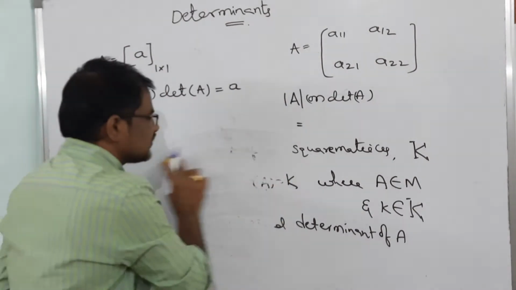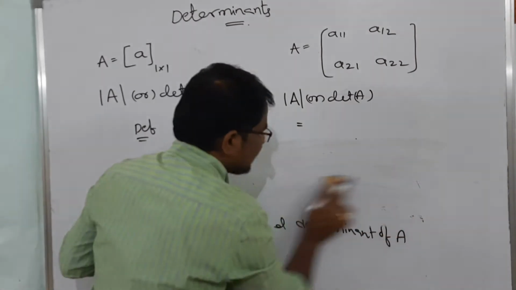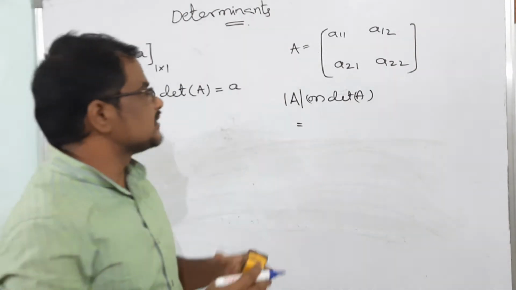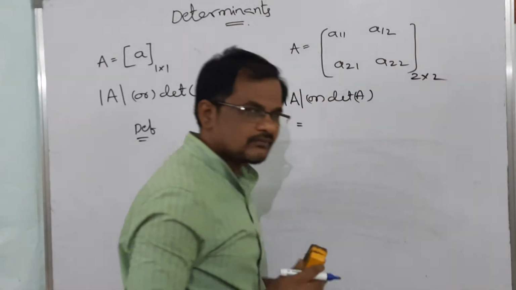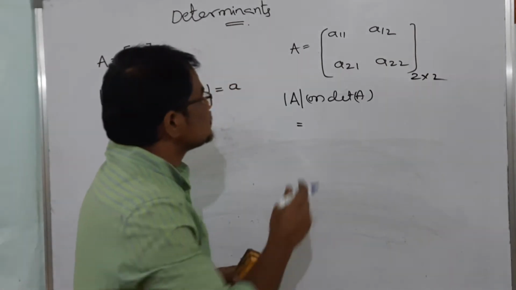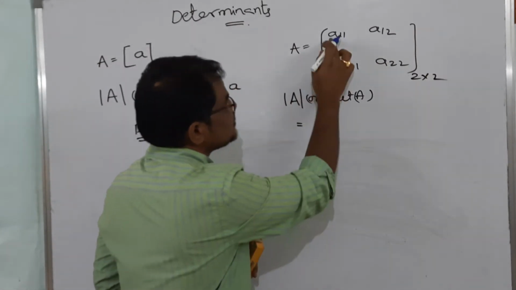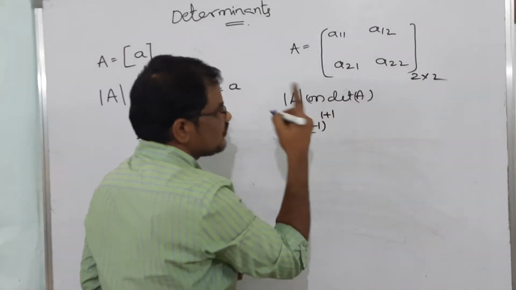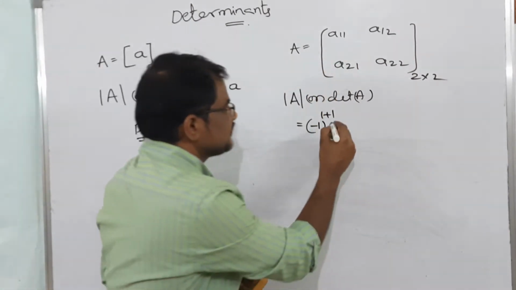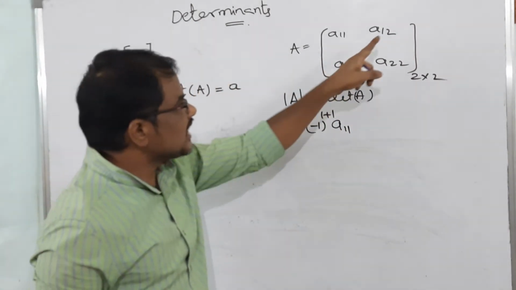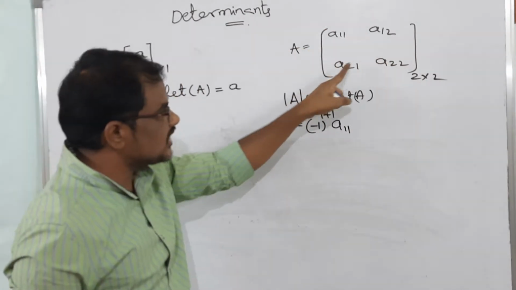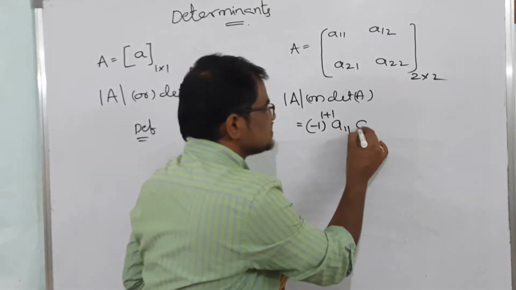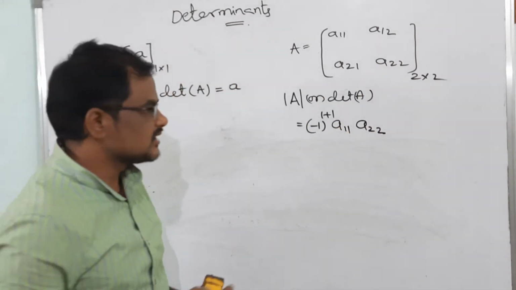But here we want to know what the determinant is and how to use it, that is what is important. If you take the determinant of a square matrix of order 2, look at the position of the first element, first row first column, so you take -1 to the power of 1 plus 1, multiply this element, and delete the first row and first column; the remaining element is A22, right?